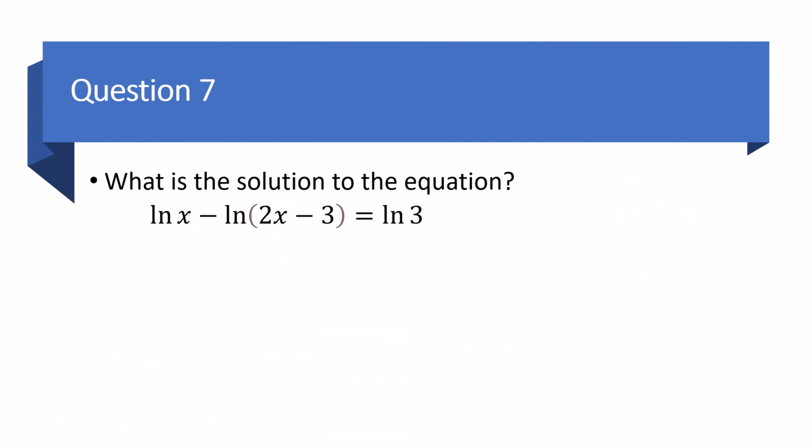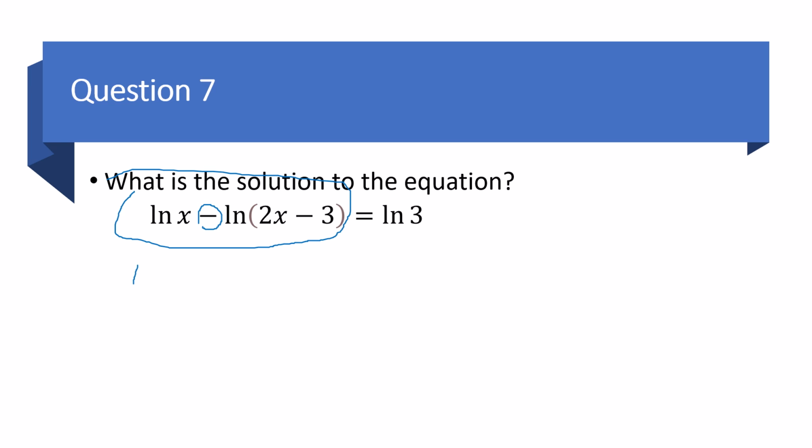Question number 7. What is the solution to the equation natural log x minus natural log 2x minus 3 equals natural log of 3? Now remember your log rules or log properties. When we're subtracting, it indicates division.